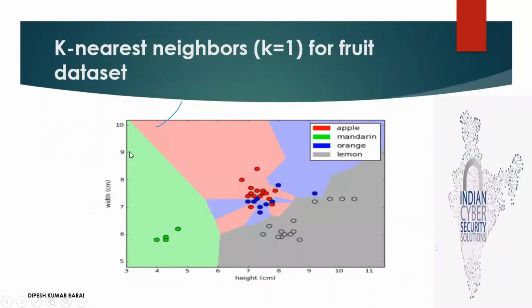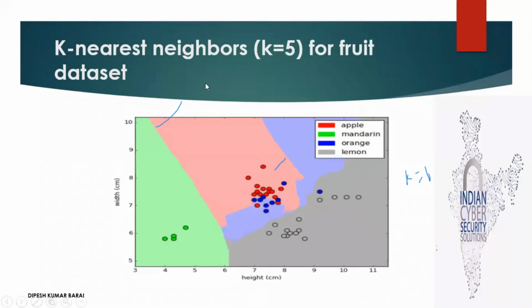Now, if we compare the decision boundaries, first, this is the decision boundary when I have taken k equal to 1. Now, if we change the value to k equal to 5, then the decision boundary also changes. Means if we put any data point over here, suppose there is a new data point, and if you take the 5 data points, 1, 2, 3, 4, 5, if you draw a circle, then you can see most of the points are under the loop.